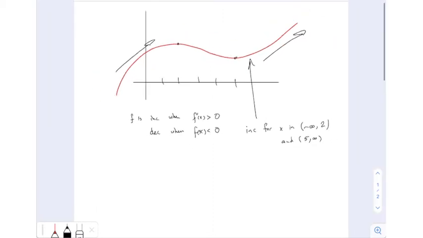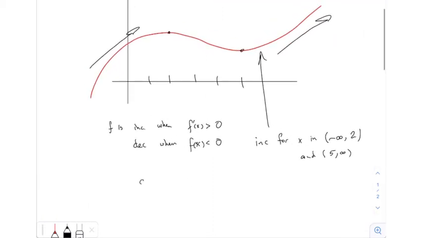And then it's decreasing in the middle there. So that's where it's increasing. And I will say decreasing, I'll write it over here, decreasing for x in the interval from 2 to 5, right? And when we say these, we always are going to say them as open intervals because, for instance, this is from minus infinity up to 2 as an open interval.